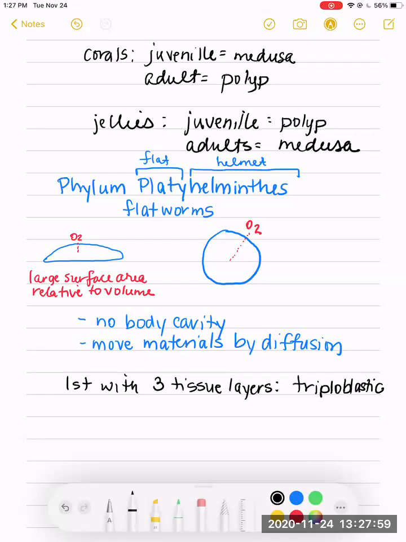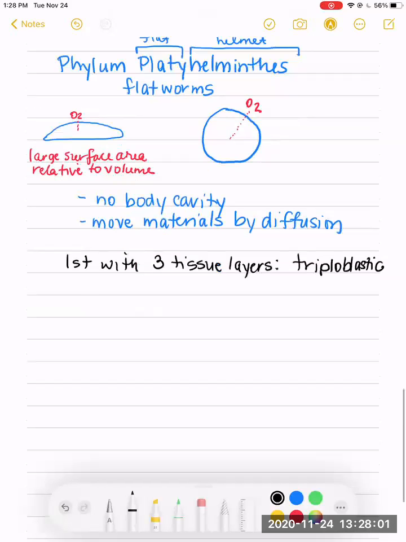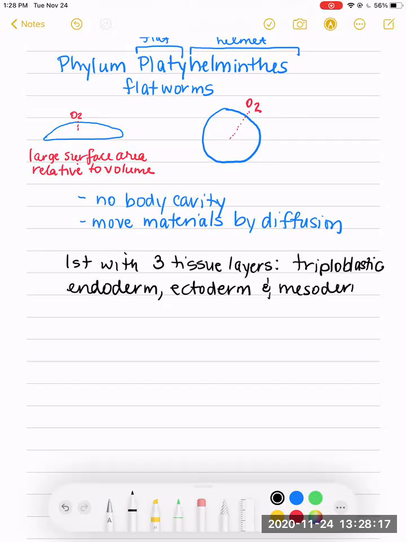That means they have endoderm, ectoderm, and mesoderm, which means they can develop more complex organs. But they can only get so complex because they don't have a body cavity.